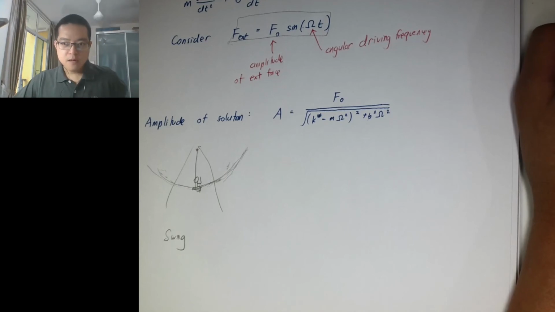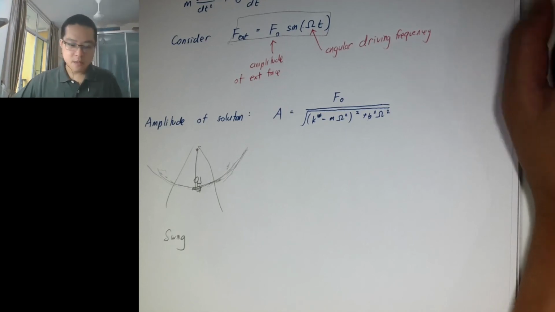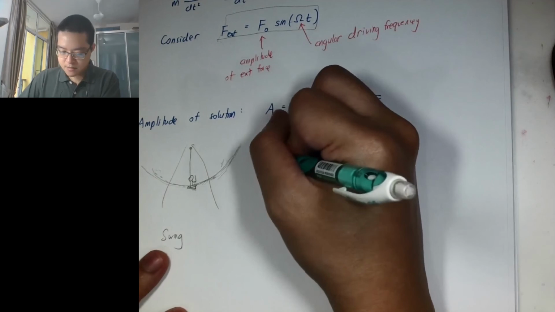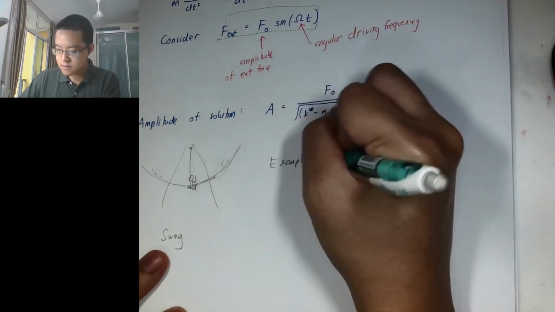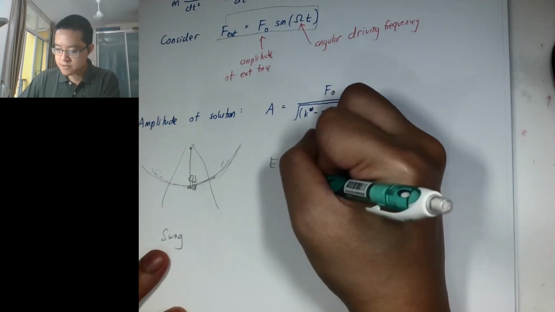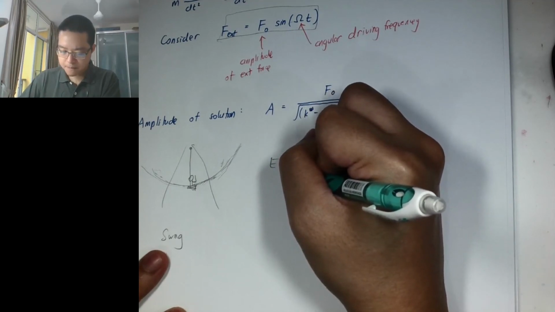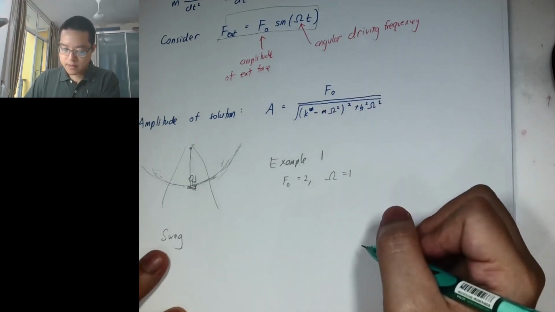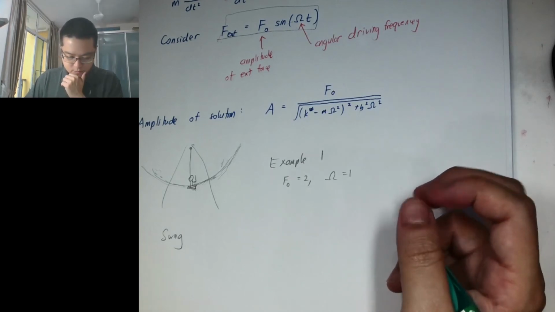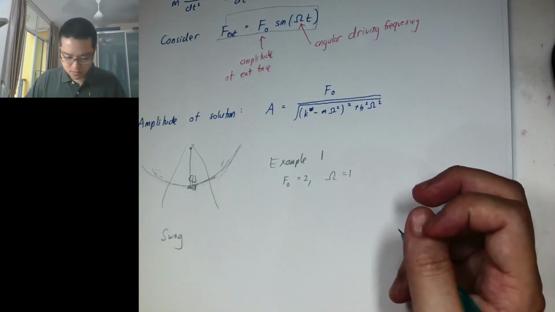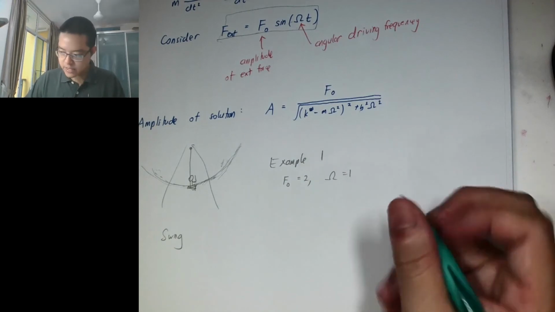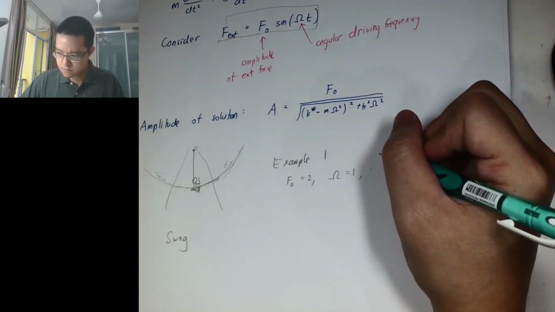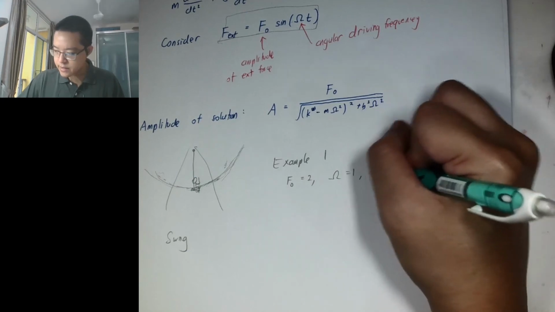Okay, so let me show you some examples in my numerical solution. For example, I'm going to use an external force of 2, and omega equals 1, and m equals 1, b I will put 0.4.